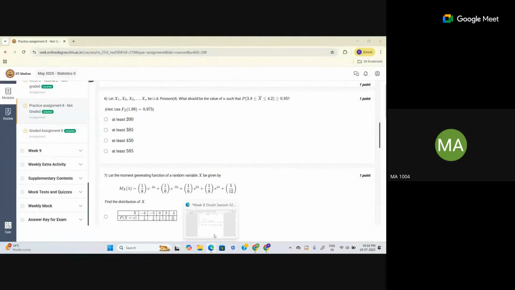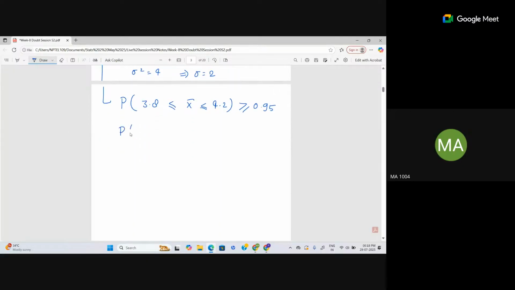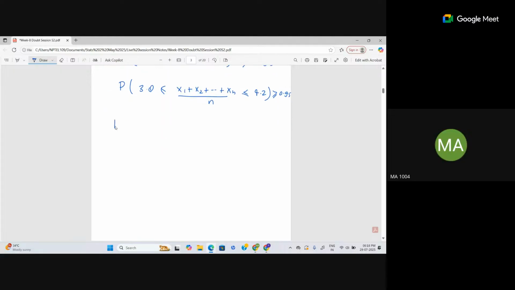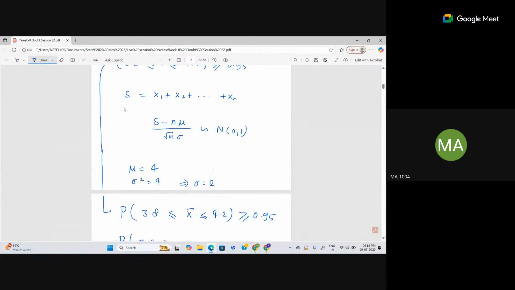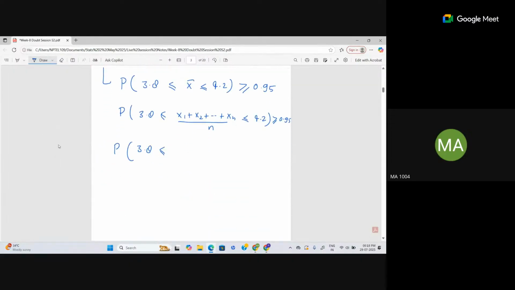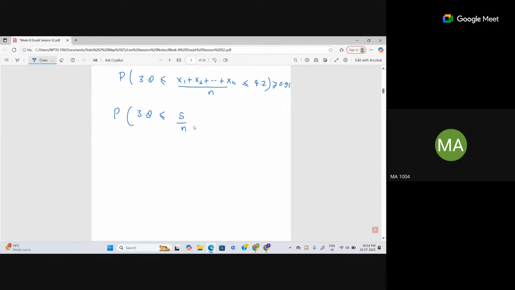Now x bar we can write as (x1 plus x2 up to xn) divided by n. This summation we have written as S, so we can write it as S by n.